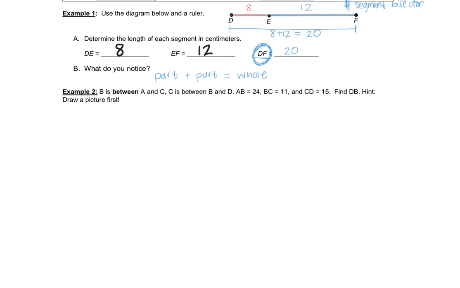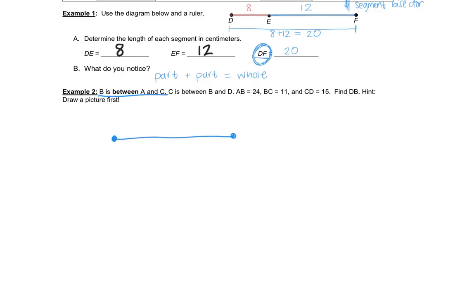Let's do example 2. It says B is between A and C, and C is between B and D. AB is 24, BC is 11, and DC is 15. Find D to B. Okay, so I need to draw a picture. Let's start with what they told me at the beginning. It says B is between A and C. So let's draw a picture from A to C first. There we go.